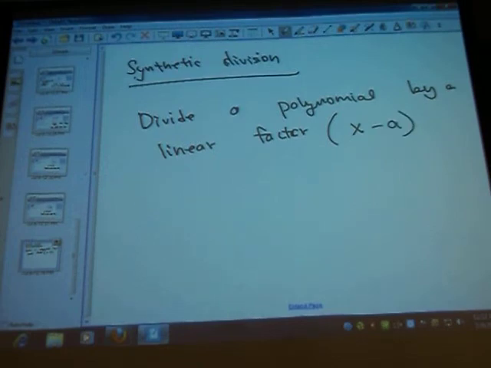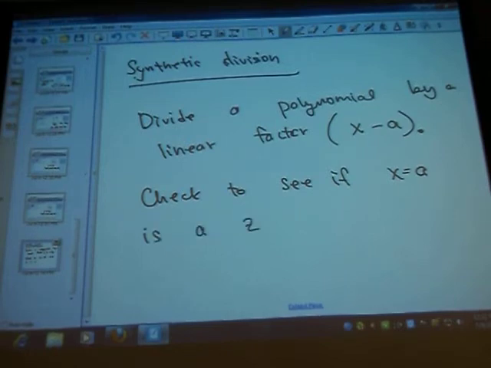Just scratch that out if you write that down. Okay? Now what that does is it'll check to see if x equals a is a 0 of the polynomial.